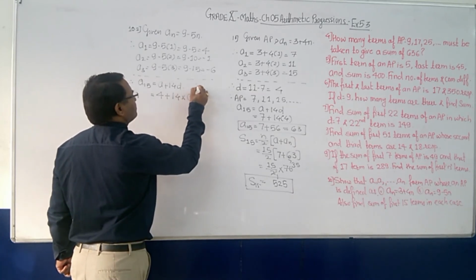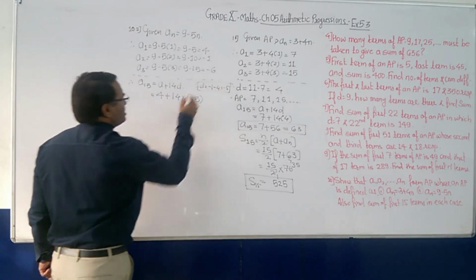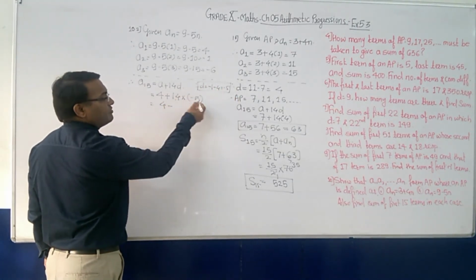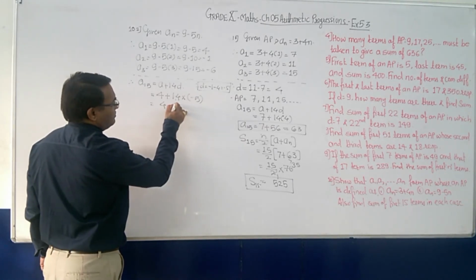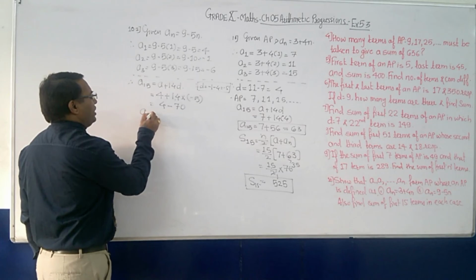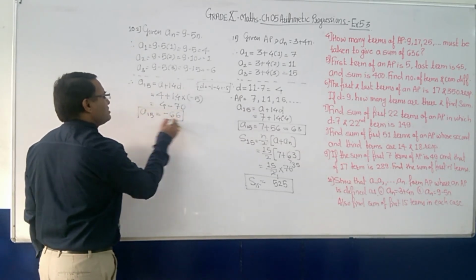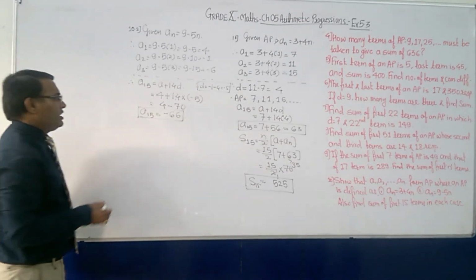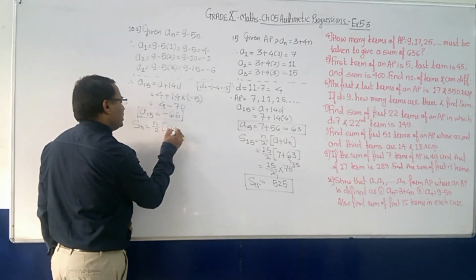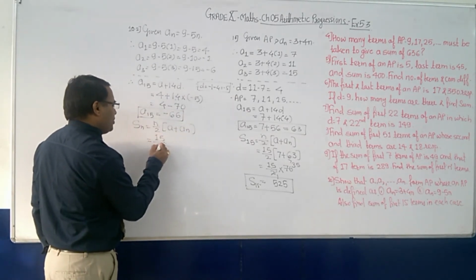How is it? Minus 1 minus 4 is equal to minus 5. Okay. So it is 4, 14 5s are 70, but one number is minus, so it is minus. So a15 is equal to minus 66. Okay. Now Sn is equal to n by 2 into a plus an. So n by 2 means 15 upon 2.